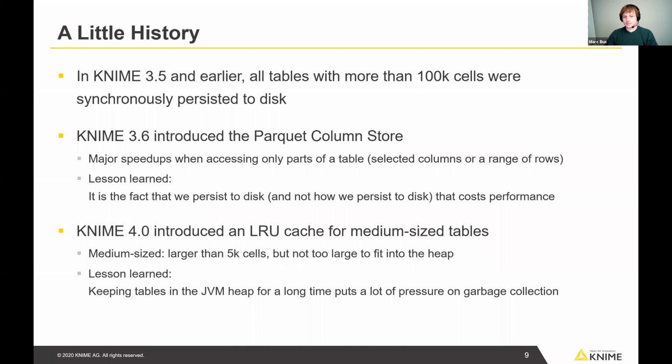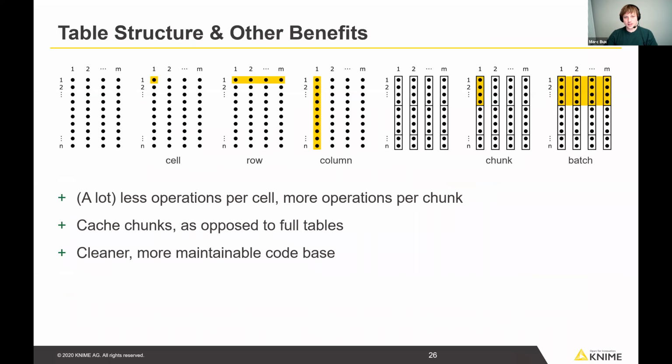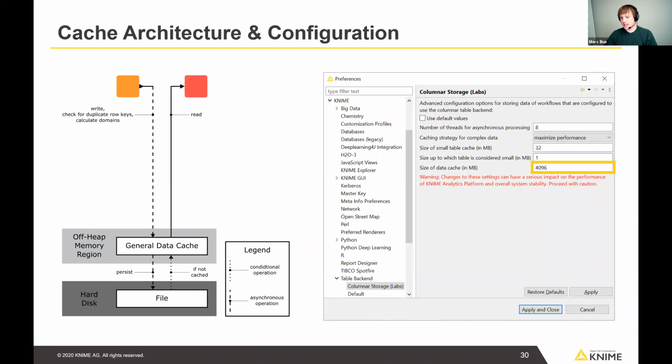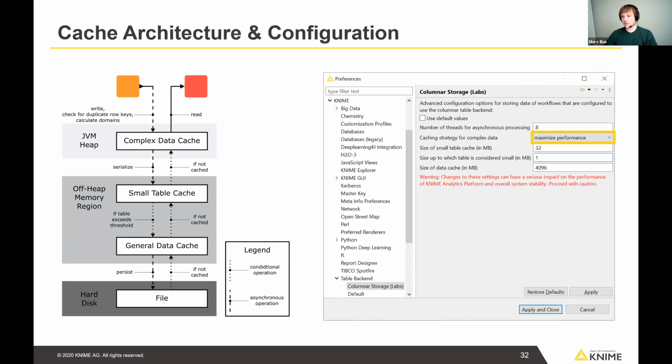And so it's similar with this new option. Maximize performance basically means keep these chunks of data softly referenced in the cache, whereas minimize memory footprint means keep these chunks of data weakly referenced, which again means that the garbage collector discards them the moment it goes over them and notices that nobody else uses them anymore. And so this is just the difference, in technical terms, what it means.